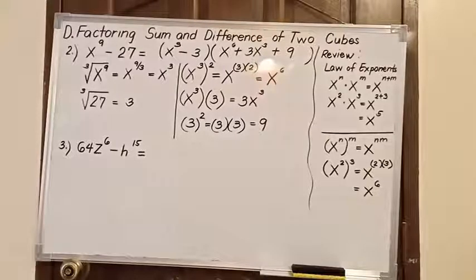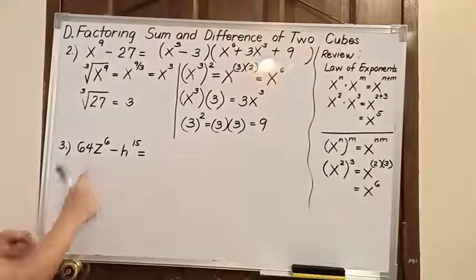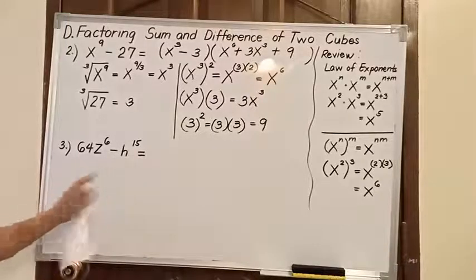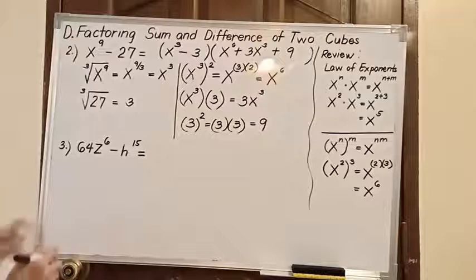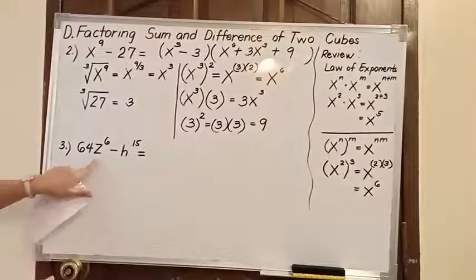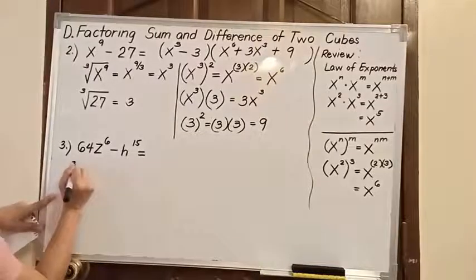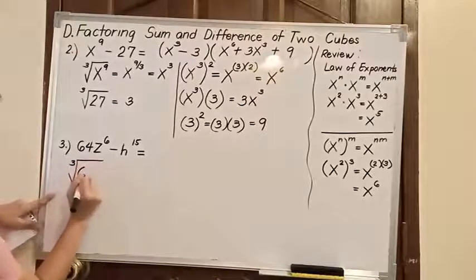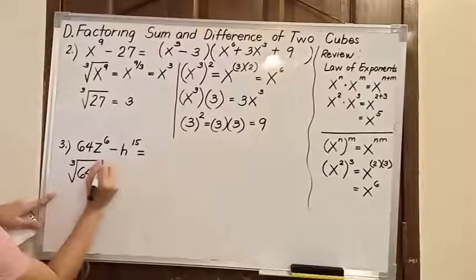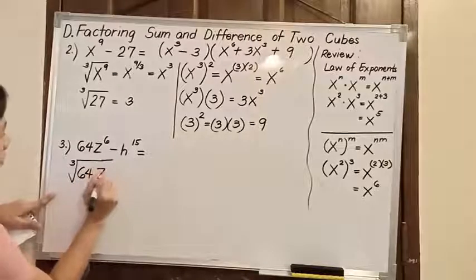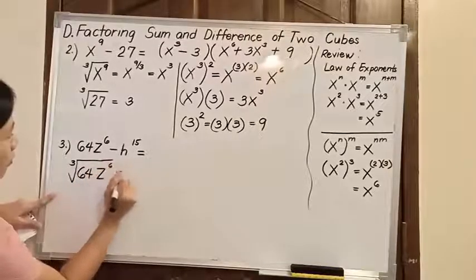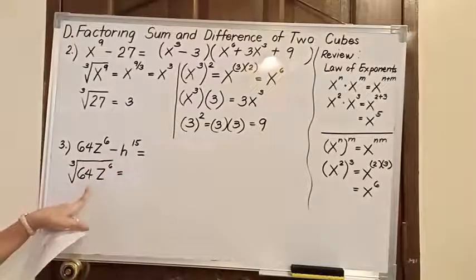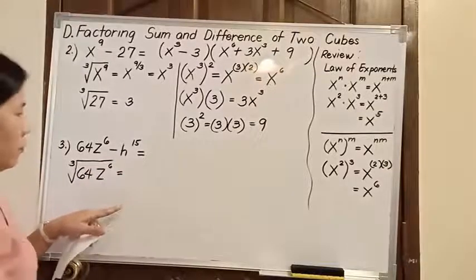In number 3, we also have the difference of 2 cubes. Both terms, again, are perfect cubes. Give the cube root of the first term. How will you solve for the cube root of 64 and the cube root of z to the 6th power? 64 is a perfect cube and the cube root is 4.